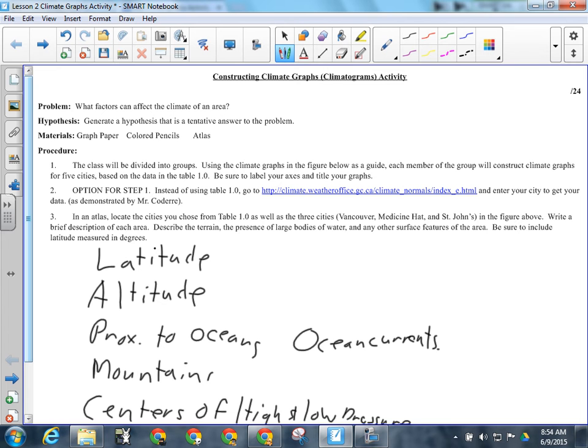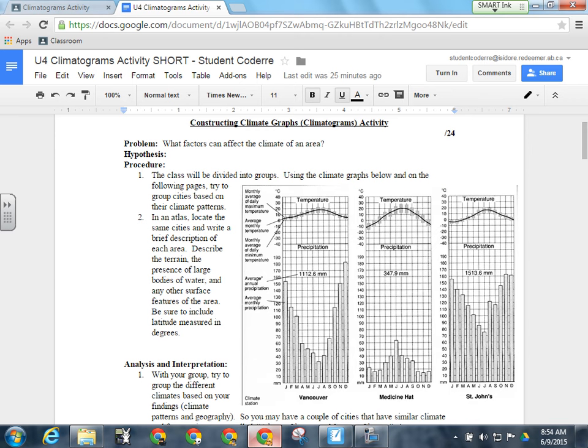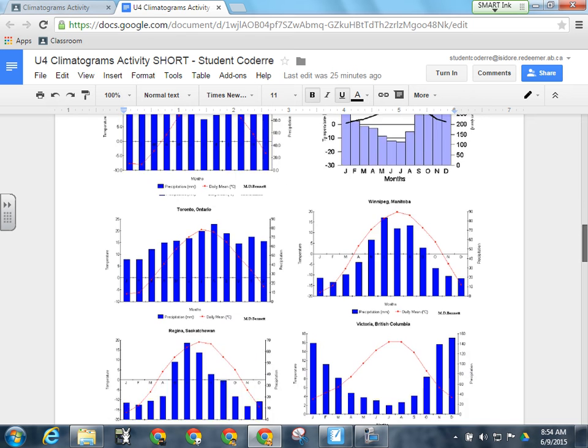Now, previously in this activity, I made people draw their own climatograms, which takes forever, but it's still effective to practice doing it. We don't have time. So if you look in your file there, there are three built here in the original layout of this, and the rest of the cities you're dealing with, I found online and put in here.